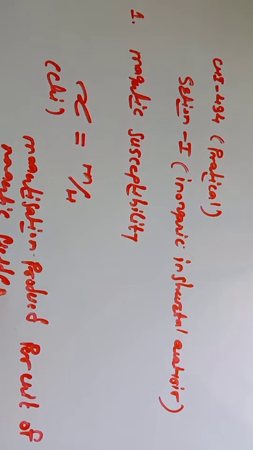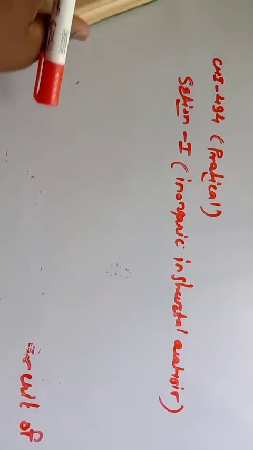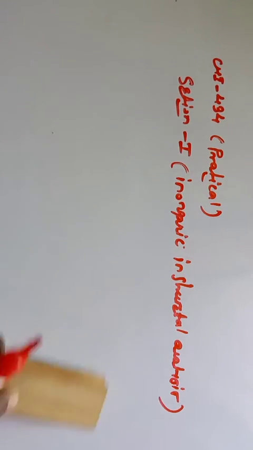Magnetization is denoted by the symbol capital M, and magnetic field strength is denoted by the symbol capital H. So magnetization produced per unit magnetic field is known as magnetic susceptibility. With the help of the Gouy method, we can easily determine the magnetic susceptibility of a material, because very simple apparatus is used. So let us discuss this Gouy method.